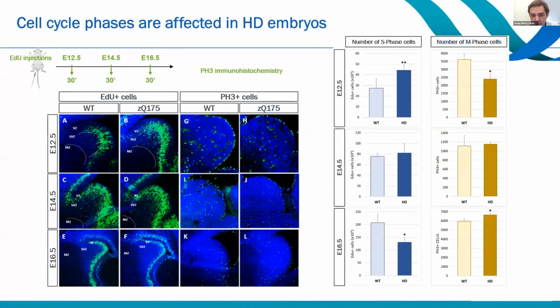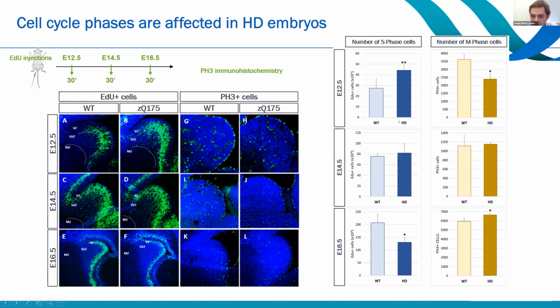To better examine these changes or this possible premature neurogenesis, we have performed different cell analyses, and the first thing that we have performed is the analysis of proliferation at E12, E14, and E16. We have analyzed the S phase and the M phase of the progenitors at these stages.